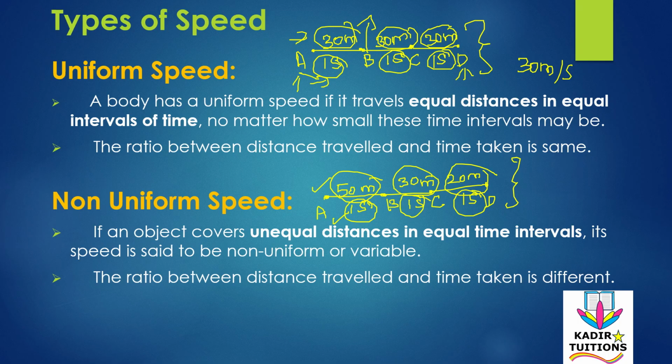In case of uniform speed, it is a constant speed: the same speed is carried forward from the starting position till the destination. But in case of non-uniform speed, the speed keeps on varying. Then how can I say how much speed the object attained to reach from A to D? We can use average speed, right? So we will see what is average speed.